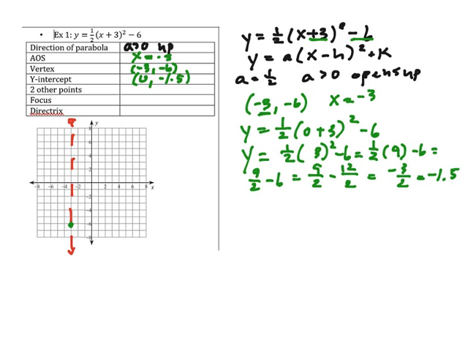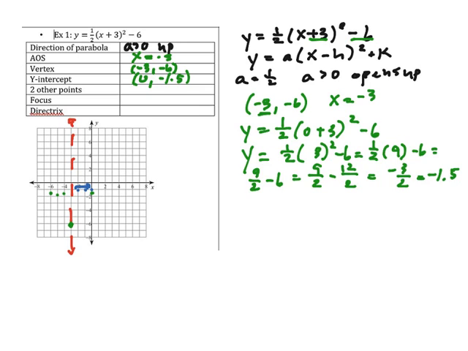I'm going to also graph that, -1.5 right here. Now we can figure out our other point because you can see on this graph that from the axis of symmetry to the y-intercept, we have to go 1, 2, 3 to the right. So there's going to be a point 1, 2, 3 to the left that is the same y as that point.